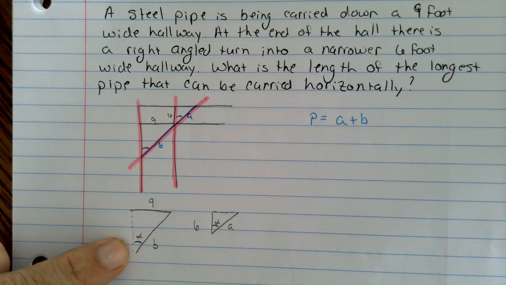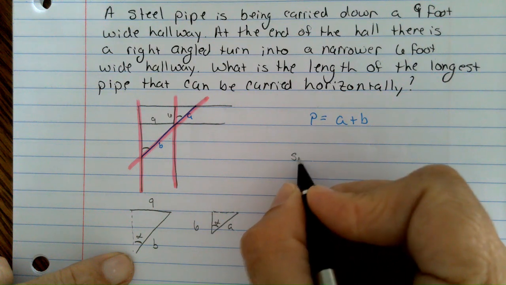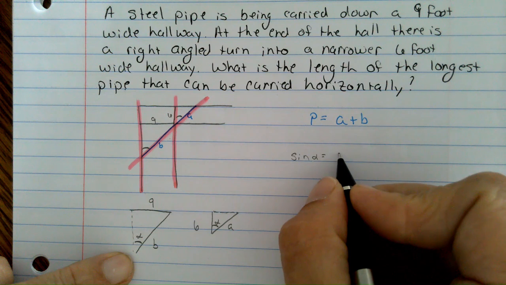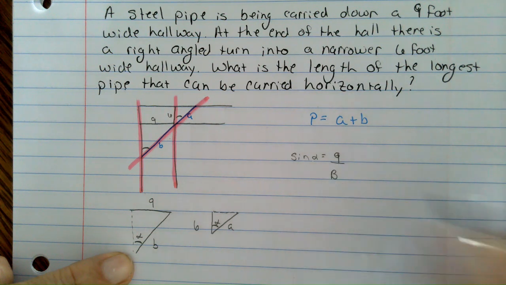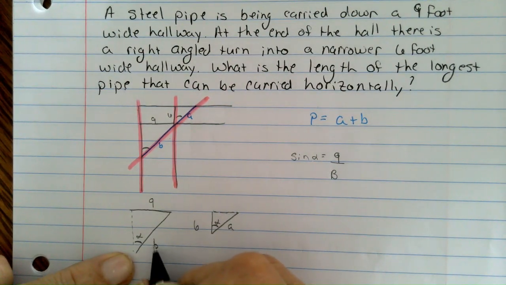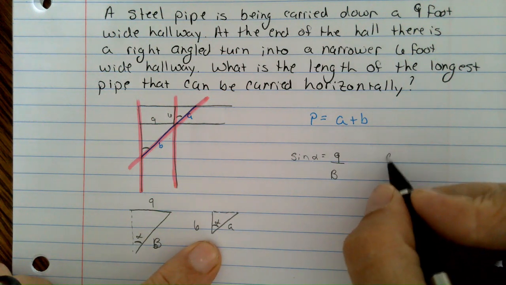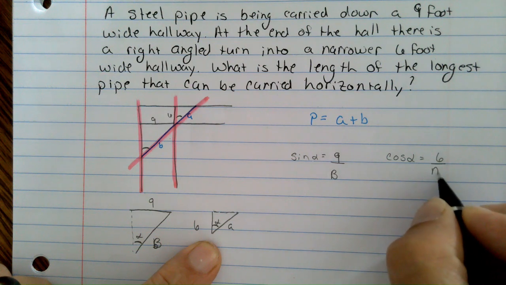Now, on this B here, we have the opposite and hypotenuse. Opposite and hypotenuse is sine. So sine of alpha equals opposite over hypotenuse. I'm going to use a capital B. Okay, here, cosine of alpha equals adjacent over hypotenuse.